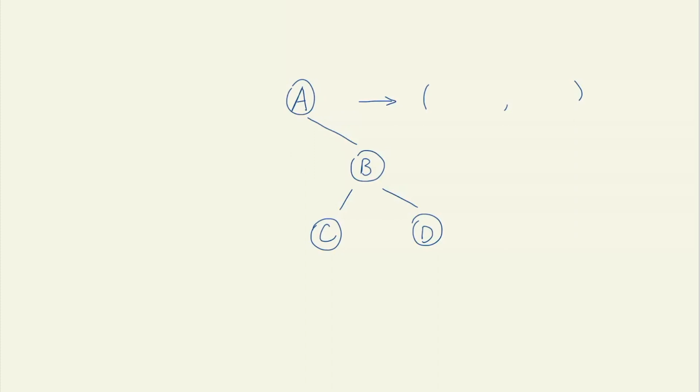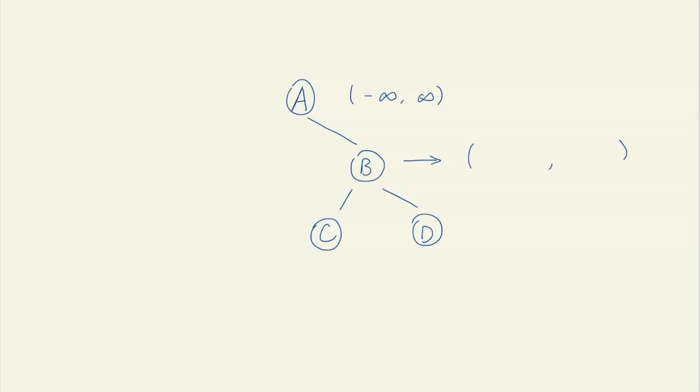So how do we update the nodes' upper and lower limits? Say you're looking at a tree like this. The root node's limits are negative infinity and positive infinity. And when we move to its right child, node B, node B's limits will be updated as well.